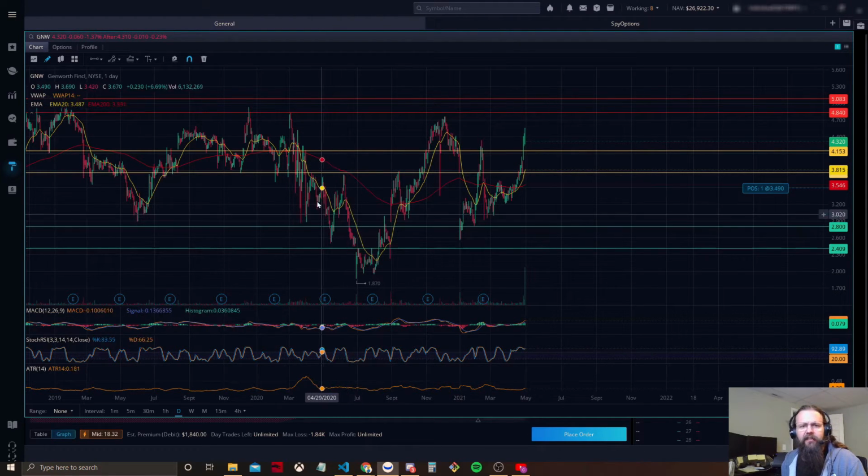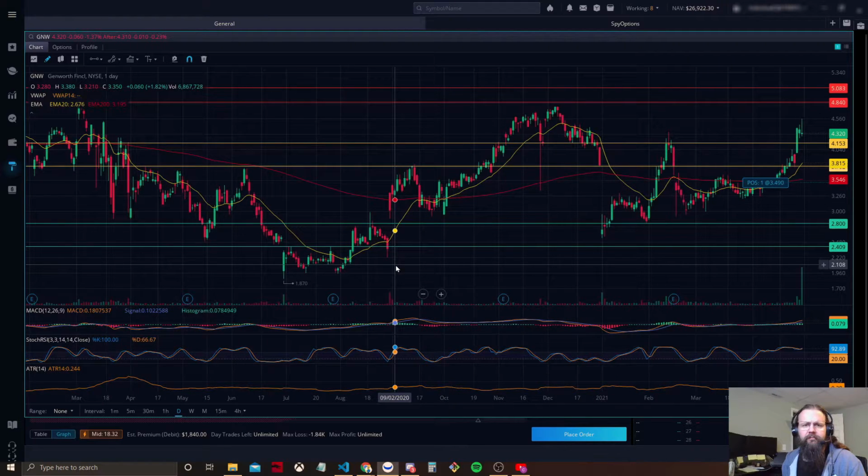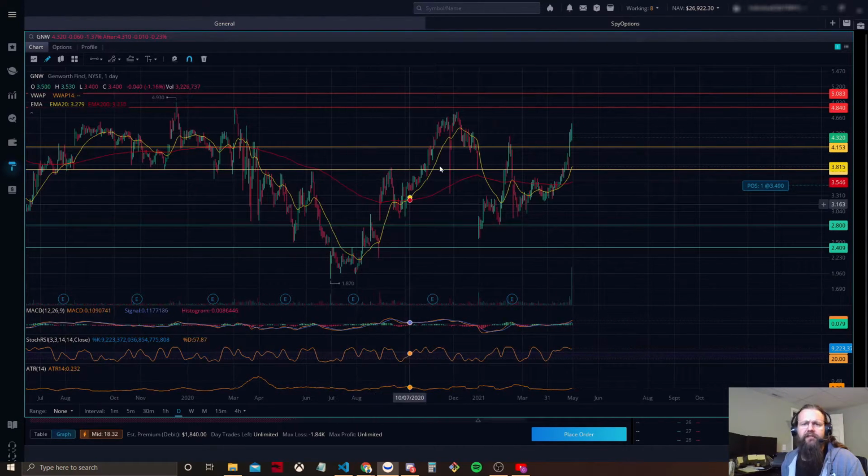You can see here in this downtrend, it dipped down, it dipped down, it dipped down. It's hitting this area of support. Even dipped below it until the trend changed and shifted back up. It finally broke back above that 20 EMA and started that uptrend.